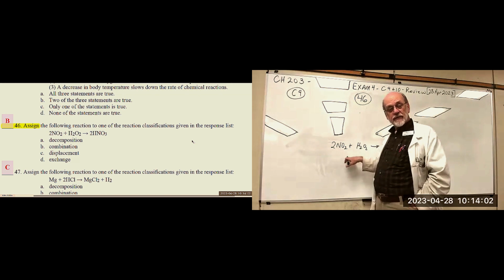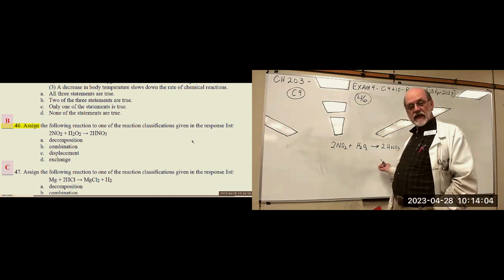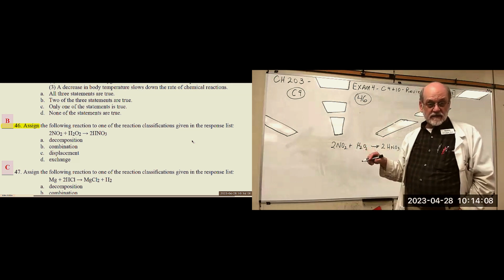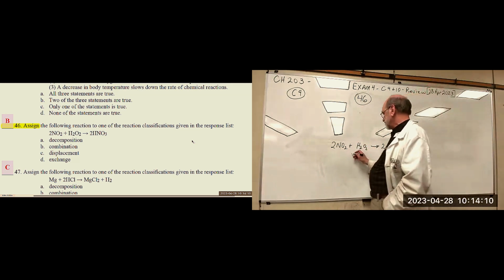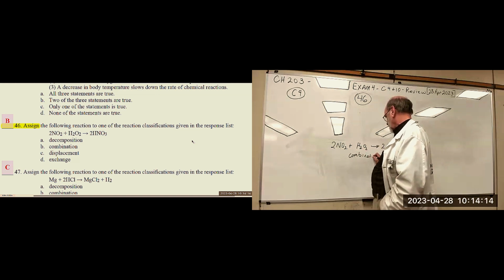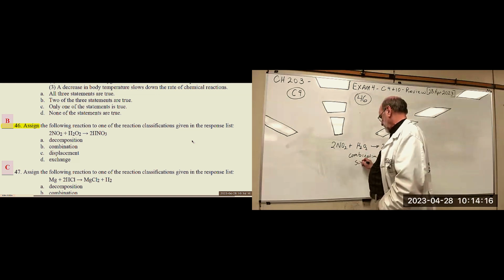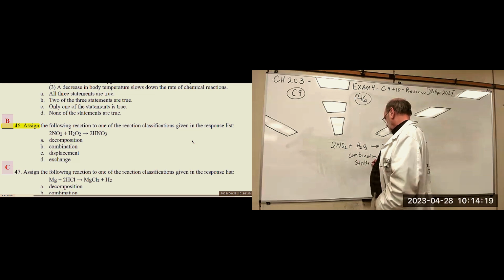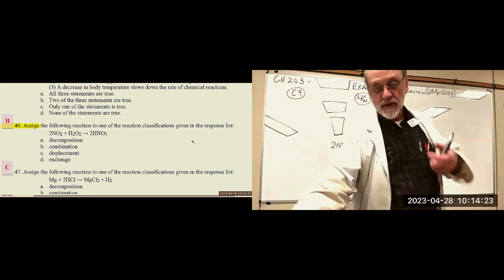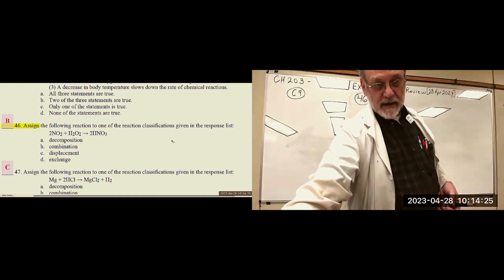Okay. You got 2 simples on this side, make them more complex on that side. This is a combination reaction or a synthesis. Combination is the one that fits for this. Answer is B.